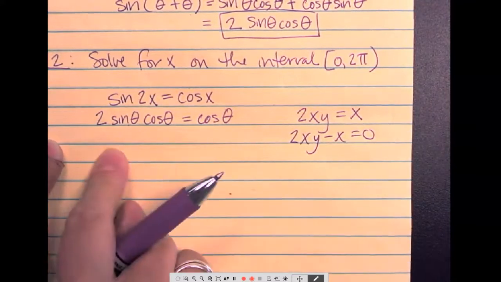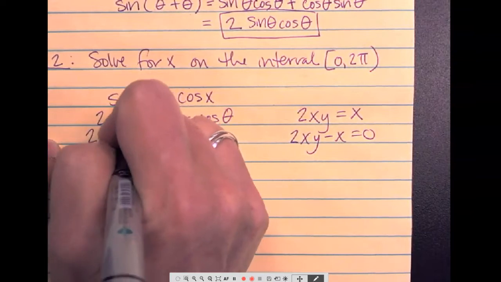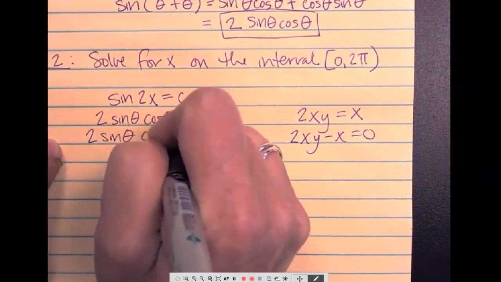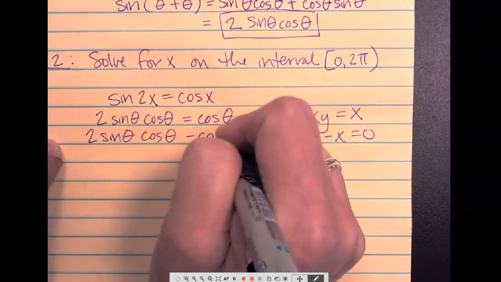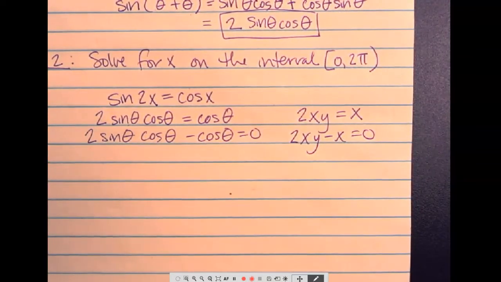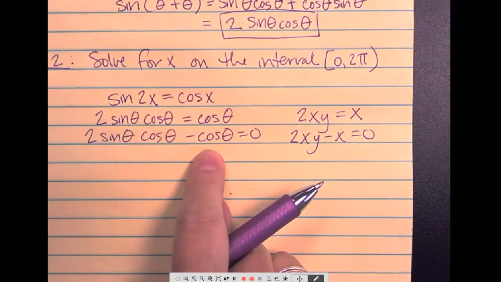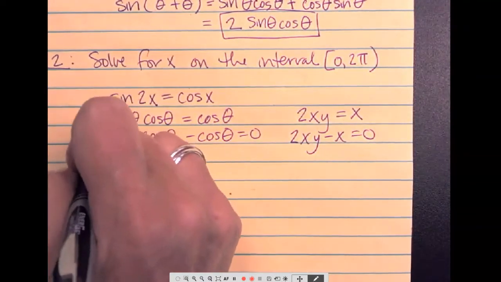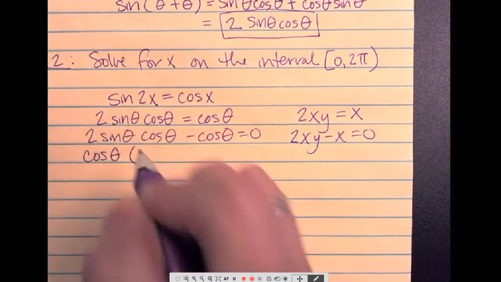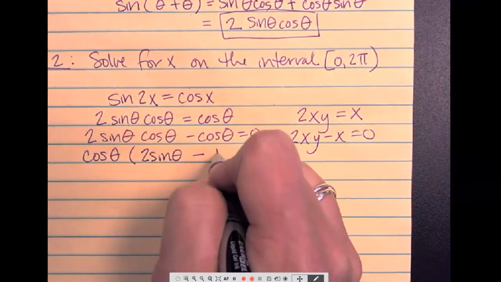So I'm going to subtract cosine theta, or x, if you still have x in yours. Are those like terms? Can I subtract those cosines? Unfortunately, no. But I do have two terms that both have a cosine in them. So I'm going to factor out a cosine, and that leaves 2 sine minus 1.